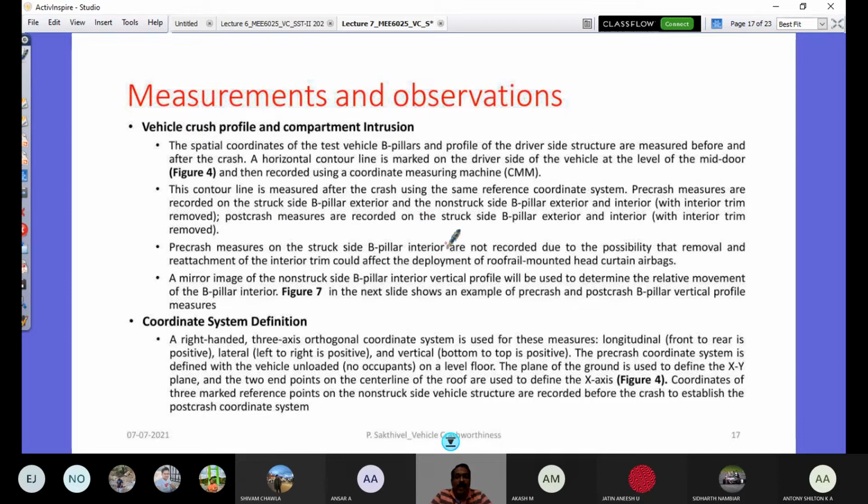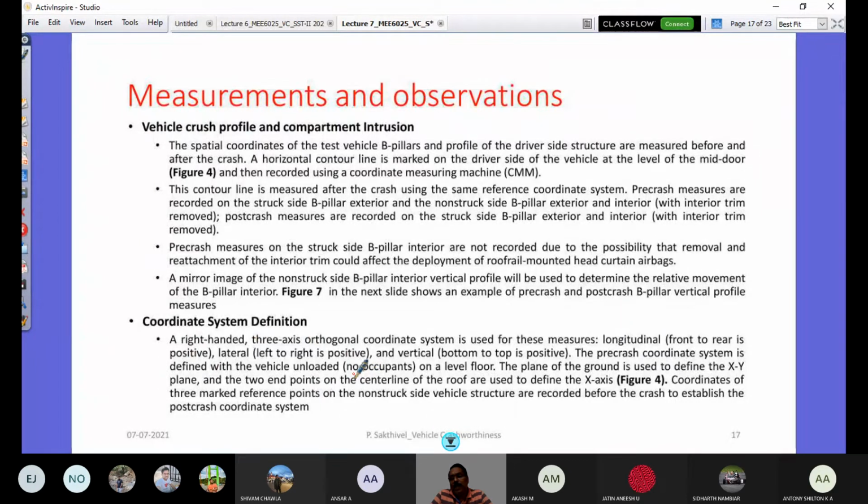Now continuing with that, let us look at the intrusion profile from the figure in the next slide. The coordinate system definitions are similar to what we have seen. There will be some particular reference with respect to that.